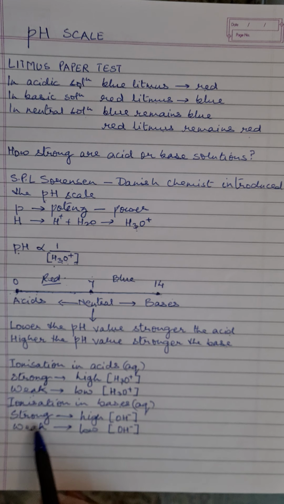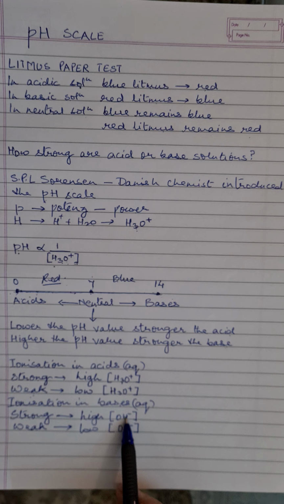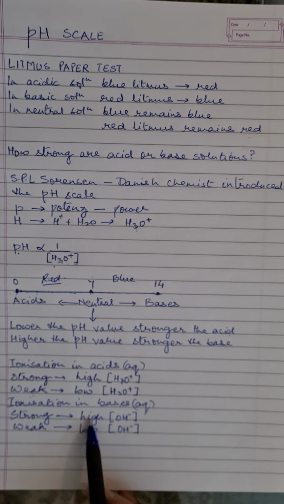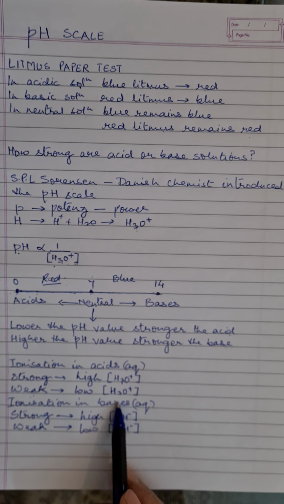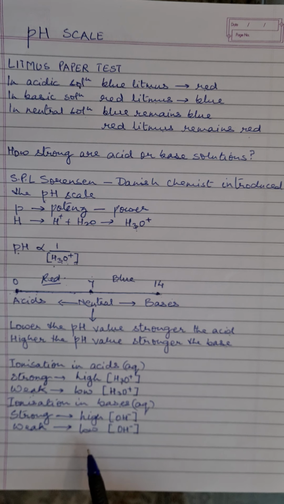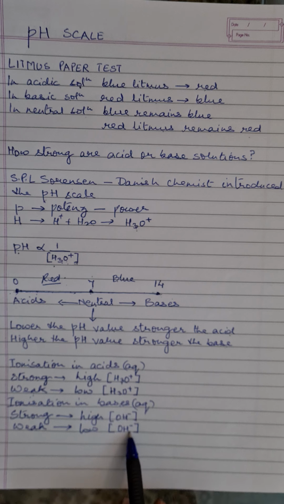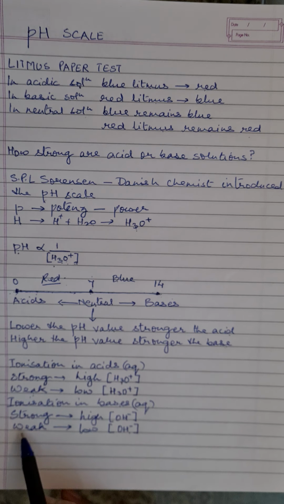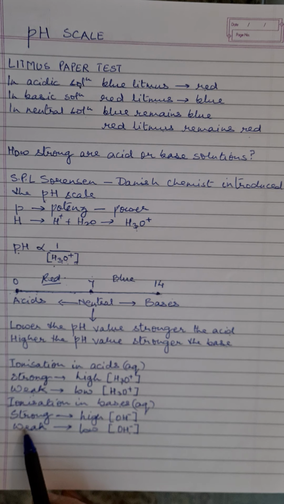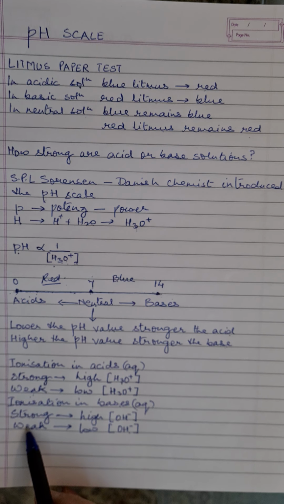They will completely ionize, giving a high concentration of OH- ions and are categorized as strong bases. Whereas if they do not dissociate completely and there is a partial dissociation or partial ionization, then the concentration of OH- ions would be less and the base is categorized as a weak base.